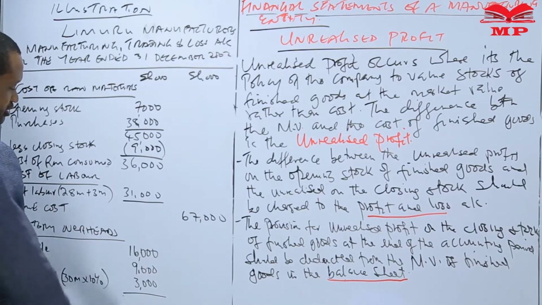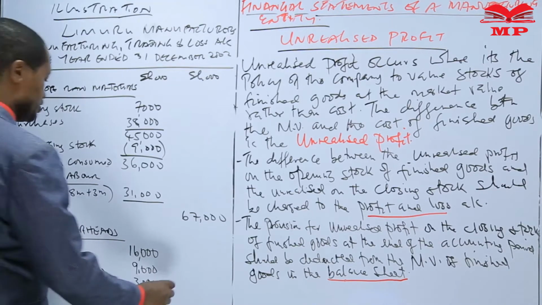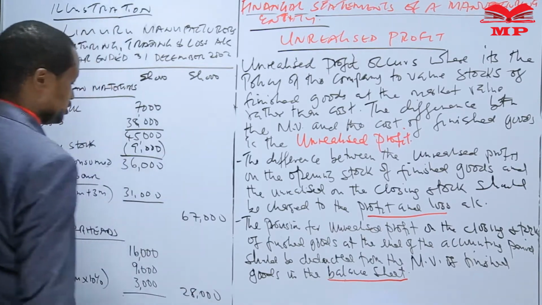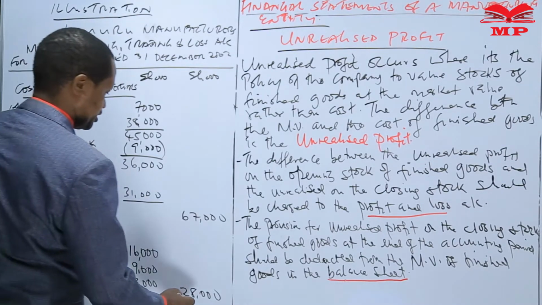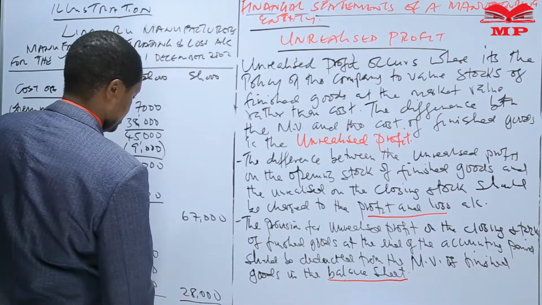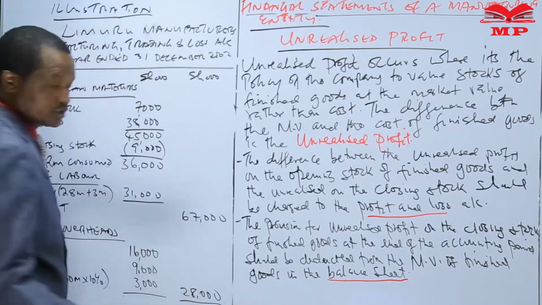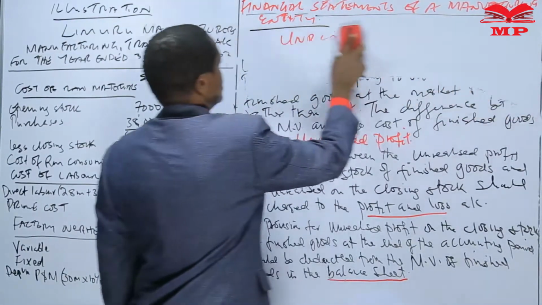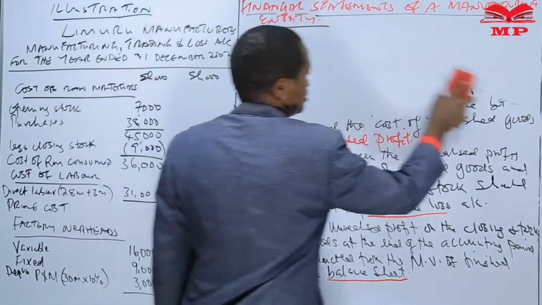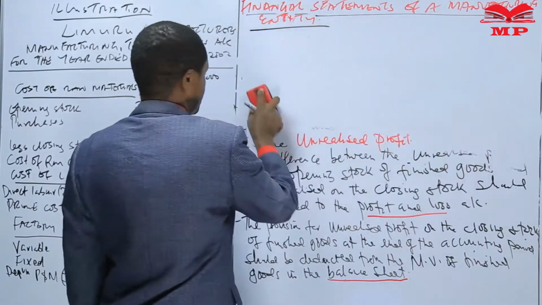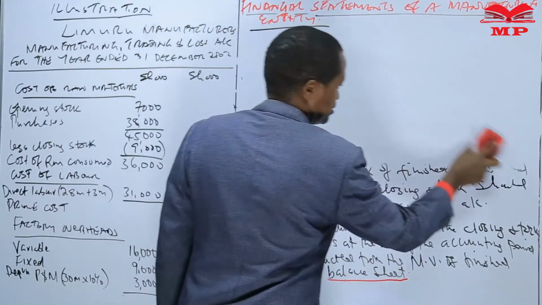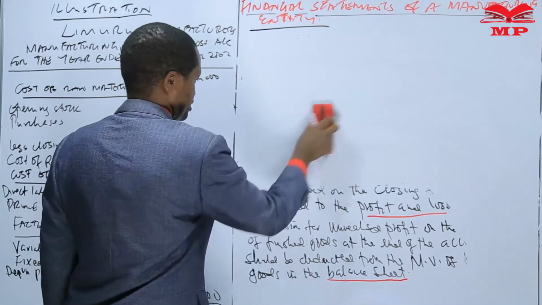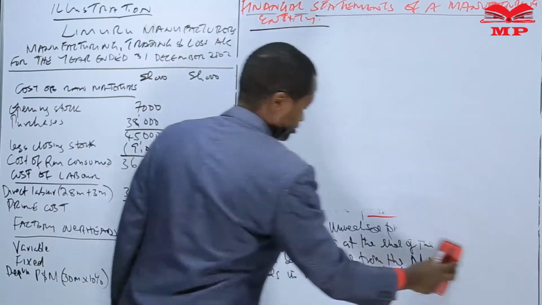So this total will give us the factory overheads. 16 million plus 12 million, this is equal to 28 million. So we add the overheads to the prime cost. That will give us production costs, minus work in progress.